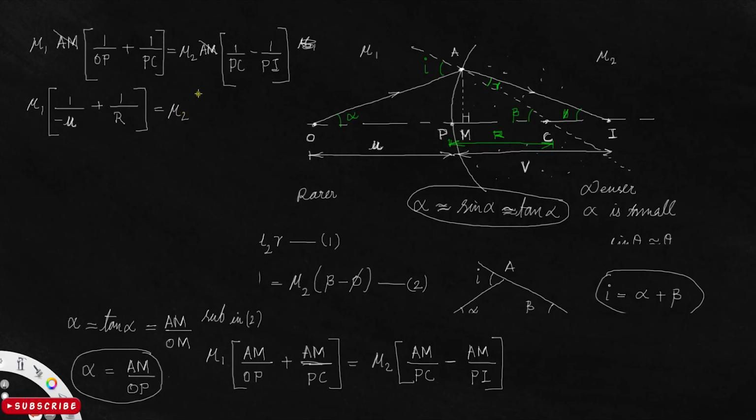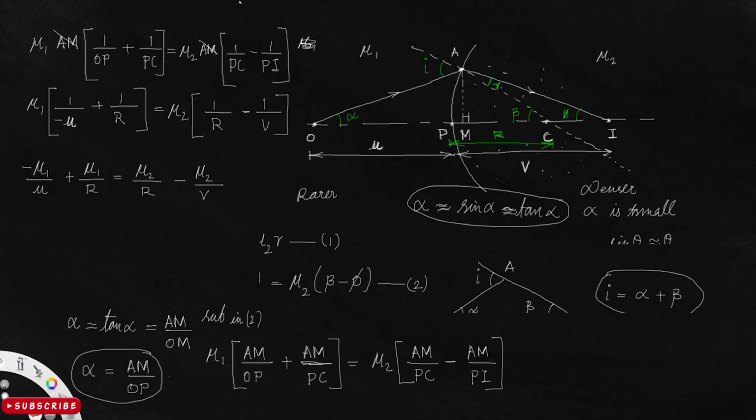So mu2 into 1 by PC, PC is again r, minus 1 by PI, which is actually v. Now simplifying this, you will get minus mu1 by u plus mu1 by r is equal to mu2 by r minus mu2 by v.